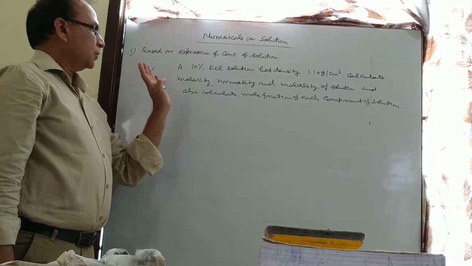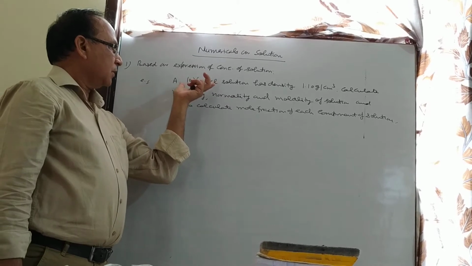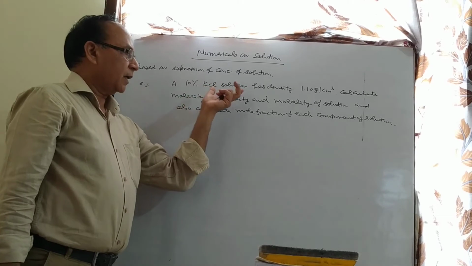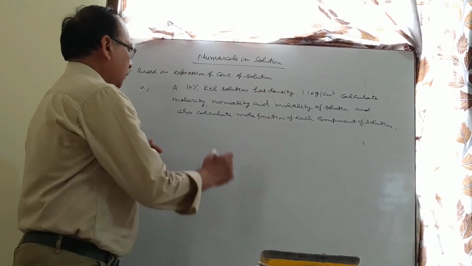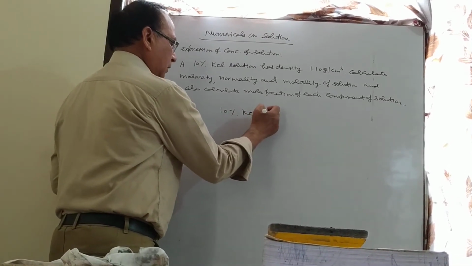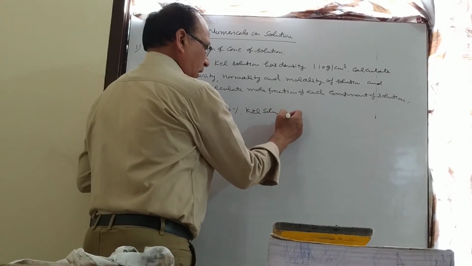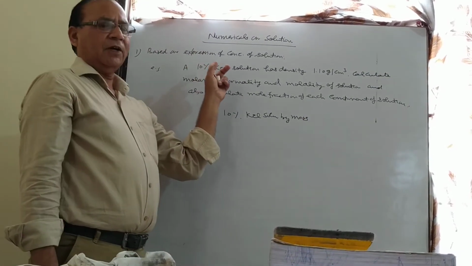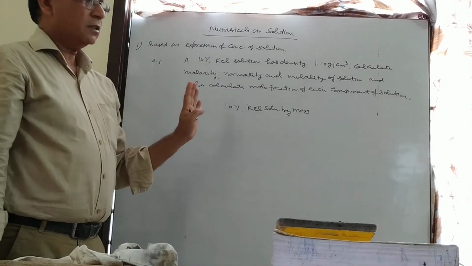First of all, we should read the question. What things are given to us? A 10% KCl solution, and the second thing given is density. The 10% KCl solution is by mass, although it is not mentioned. If nothing is mentioned, then we have to take it as by mass.